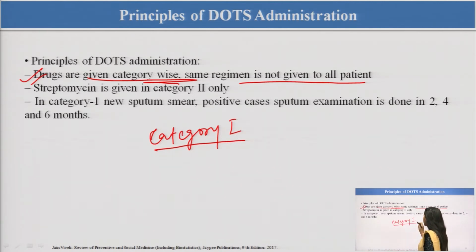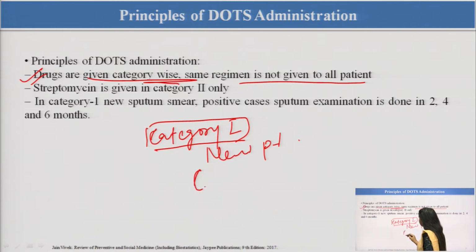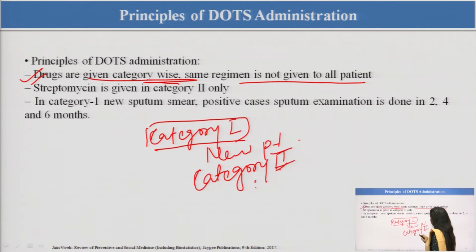So, we will prescribe the treatment to the patient, that is category 1, meaning new patients. Then there is a category 2 patient. Category 2 patients are those who are defaulters. The patient had taken the therapy for 2 months and then started to skip the medication. So, those are the defaulter cases.